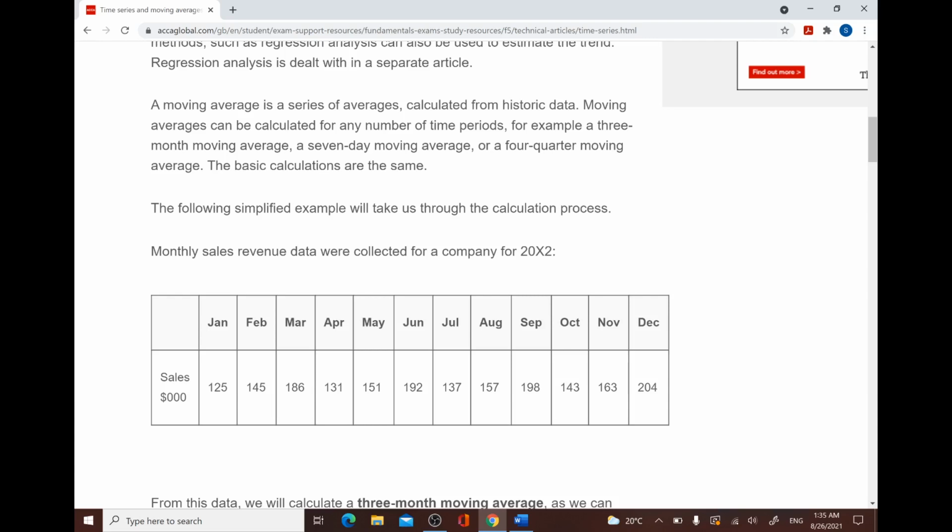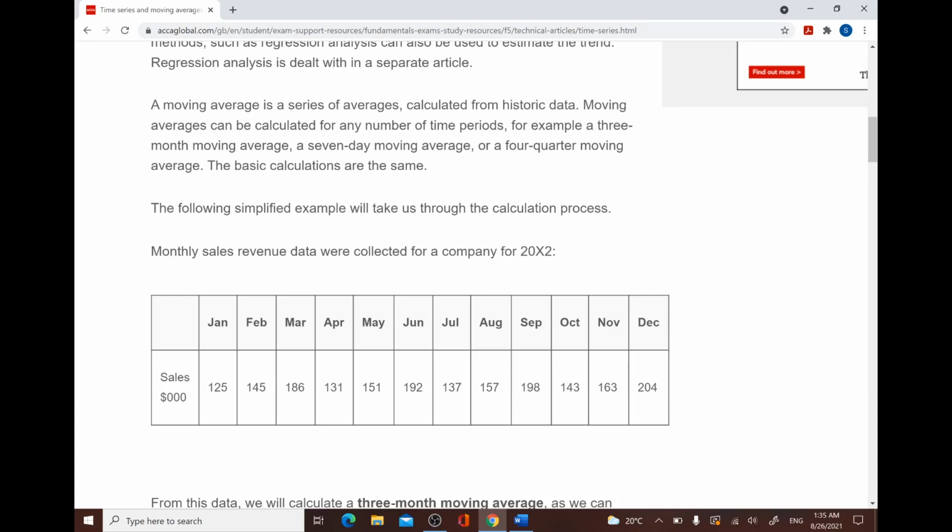For example, like what I said, it can be a 3 months moving average, it could be 7-day, or it can be a 4-quarter. So we understand that it could be the odd number or the even number. Now, ladies and gentlemen, if it's 3 months or 7-day, you can see this is more towards the odd number.